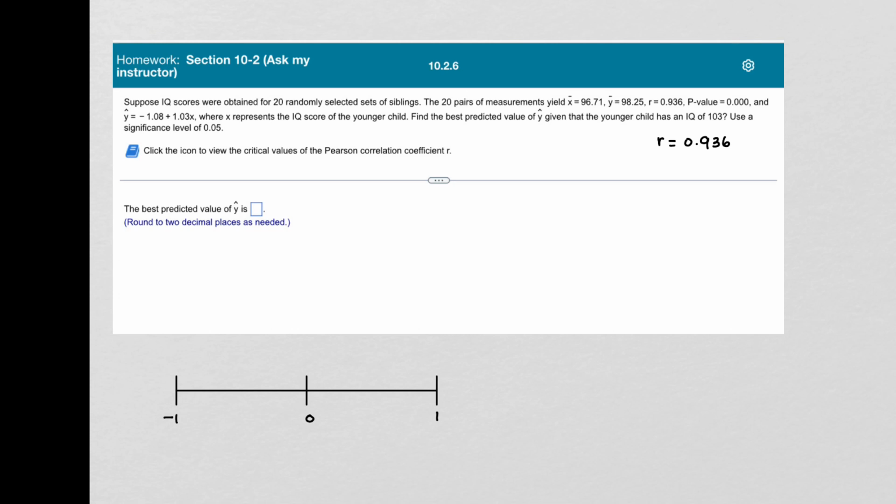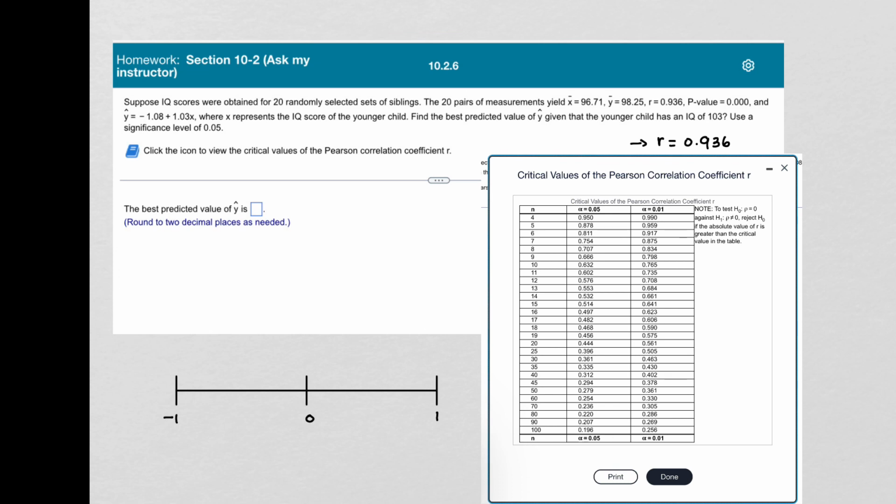And then what we want to do is look up in the table to see what the critical R value is. So this is our correlation coefficient from the data set, and then we'll look at our table.